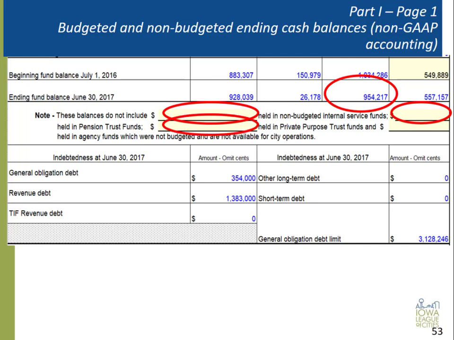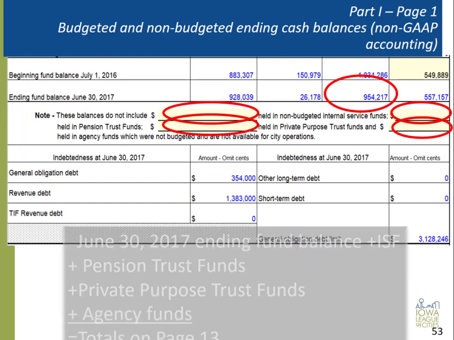The next line is for private purpose trust funds. So, for example, say you had a benefactor who gave the city some stocks and bonds for a future purpose. And you can't report those stocks and bonds as current cash because you can't get to them. But you need to report that the city is responsible for them and has ownership of them. So this is where that amount would go.